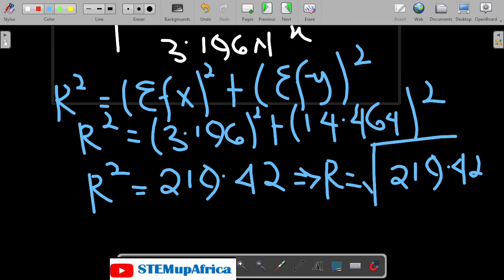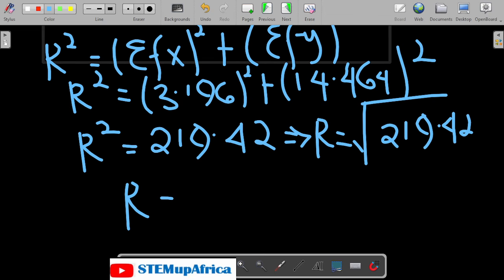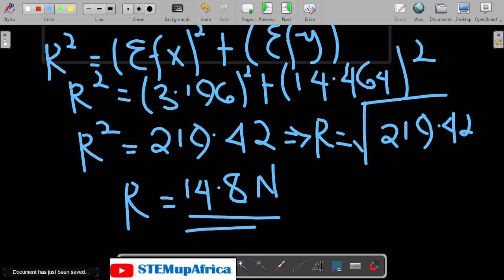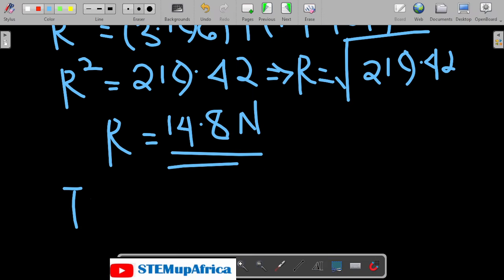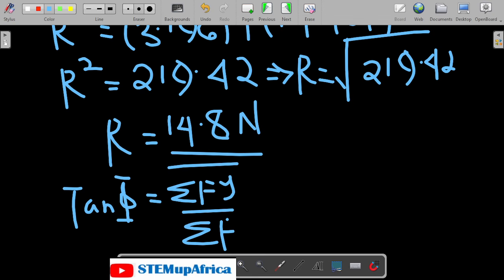So what's our R? R now, its value is 14.8 Newton. You can also look for the direction by finding phi. I'm going to have tan phi, which is summation F of y over summation F of x. What's F of y?